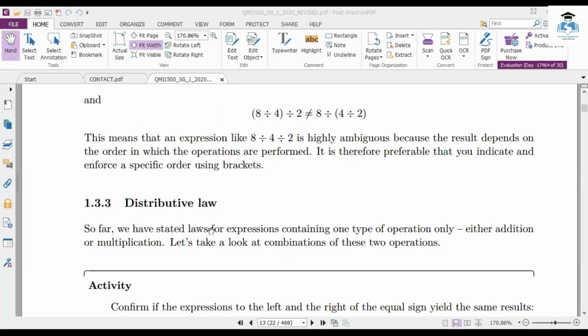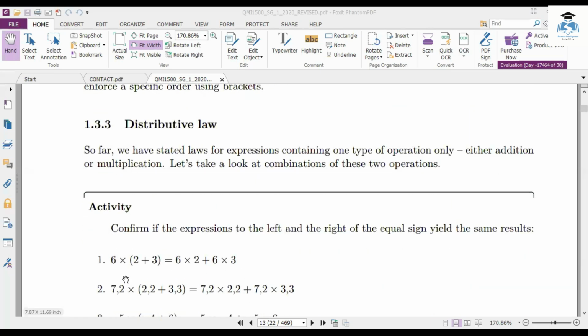So there is distributive law. So far we have stated laws for expressions containing one type of operation only, either addition or multiplication. Let's take a look at a combination of these two operations. Confirm if the expression to the left and the right of the equal sign yield the same.